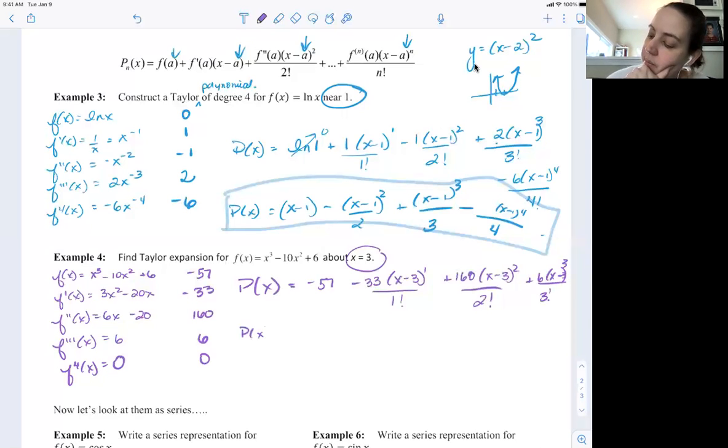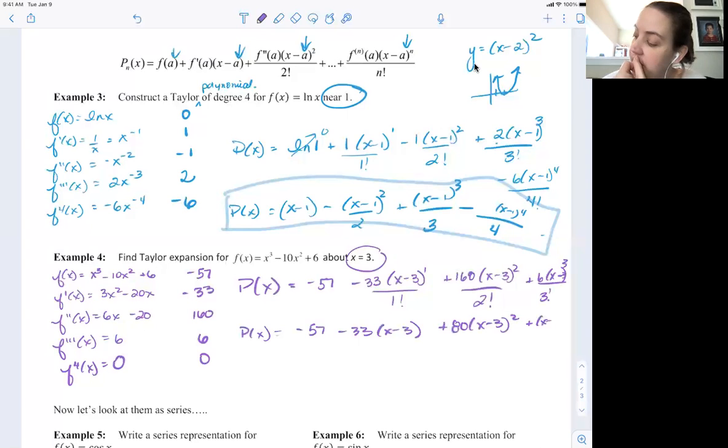I think we got it. Negative 57 minus 33, x minus 3. 160 over 2 would be 80, right? 80, x minus 3 squared. 6 over 3 factorial is really just 1, plus x minus 3 cubed.